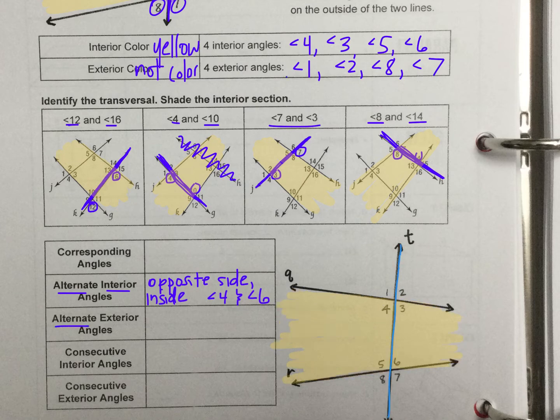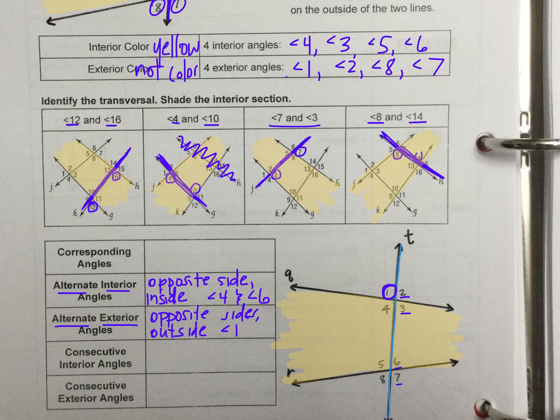Next, we're going to look at alternate exteriors. Alternate means opposite sides of the line, and exterior means outside. So I want to look at angle 1 right here. So opposite, 2's on the other side of the blue line, 3, 6, and 7.